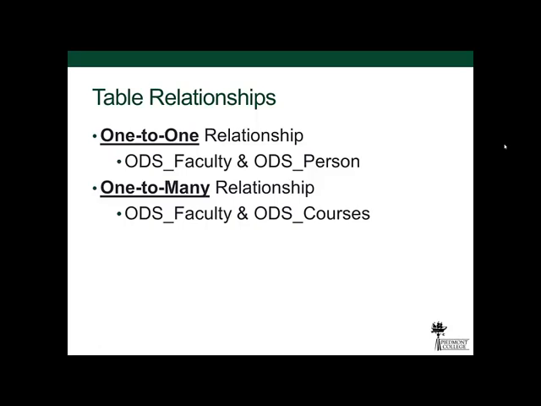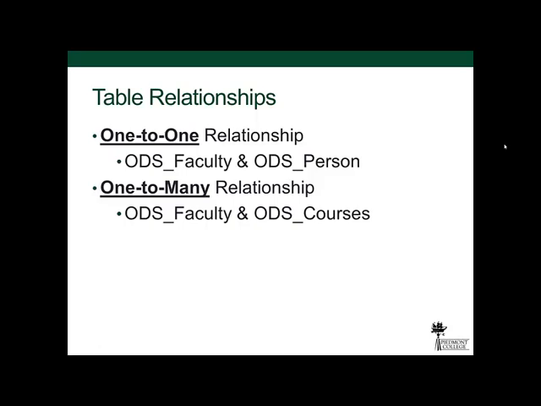So table relationships come in two flavors, one-to-one and one-to-many. The previous example was a one-to-one relationship. An example of tables in a one-to-many relationship might be faculty and courses, where one faculty member could teach more than one course.